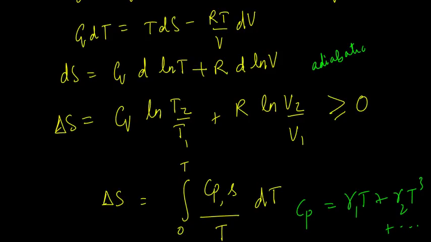In an adiabatic system, we can do work. That means adiabatic systems are not isolated. So then why are we using delta S greater than or equal to 0 in the adiabatic condition? What do we have over here?